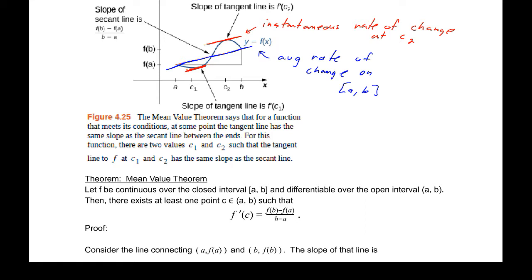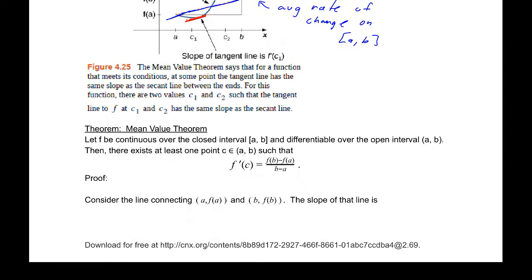But if you looked at your speed at every given moment on the speedometer, there's some point where you were going the average rate of change. You might not have always been going your average of 75 miles an hour, or more likely 55 miles an hour, hopefully. But there's some point where your instantaneous rate of change is the same as your average. All right, so let's go ahead and begin this proof then.